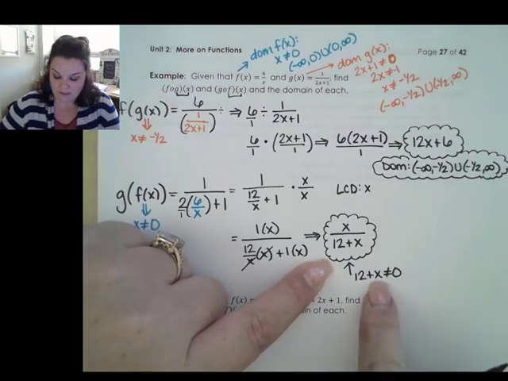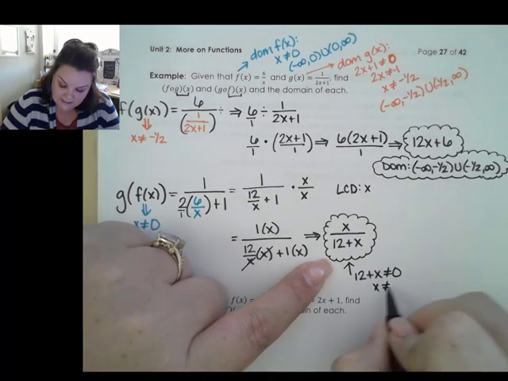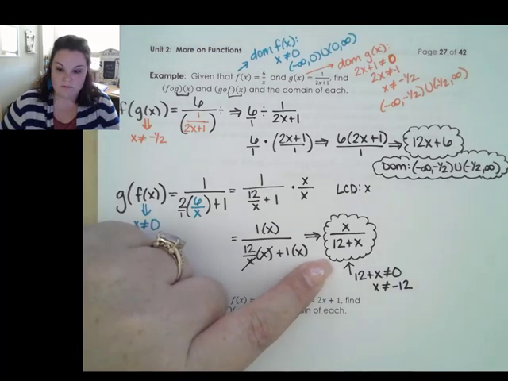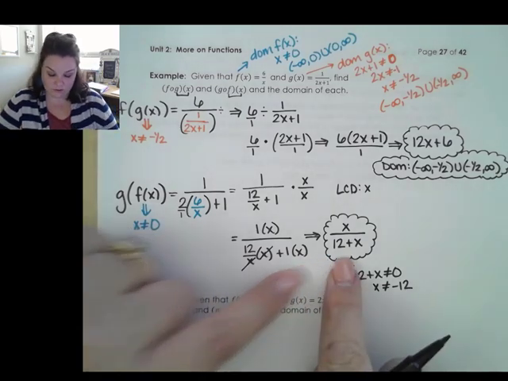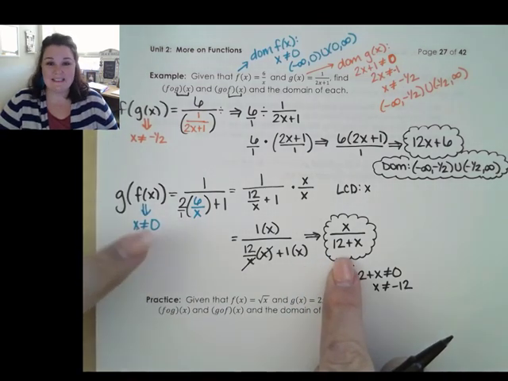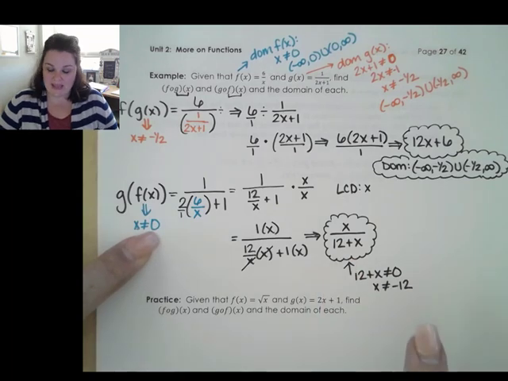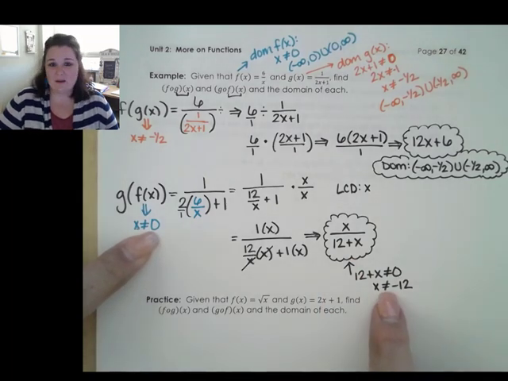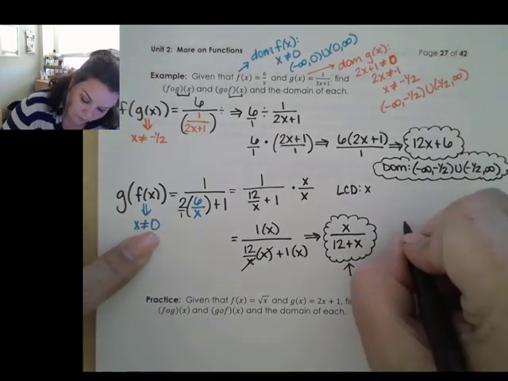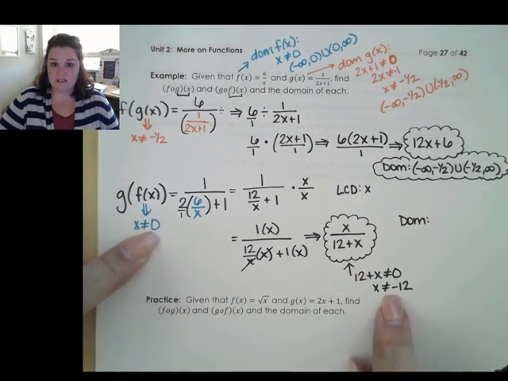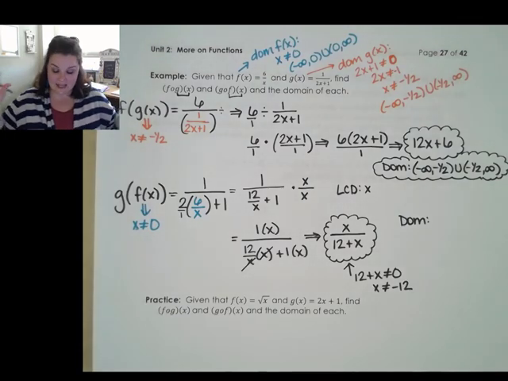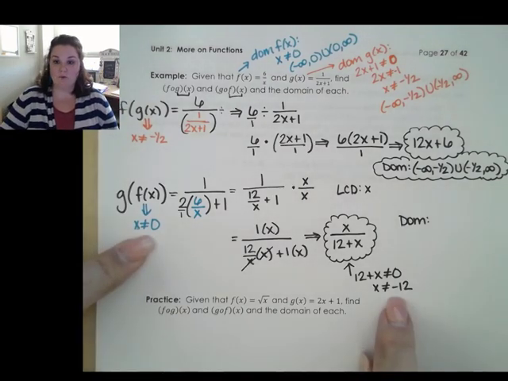So if we solve this by moving that 12 to the other side, that tells me that x cannot equal negative 12. Okay, so now we have two stipulations. We have the original stipulation that x can't be 0, and now we also have the added stipulation that x can't be negative 12. So when we write out our domain, we have to make sure it accommodates both of these. So it can be anything except 0 and negative 12.